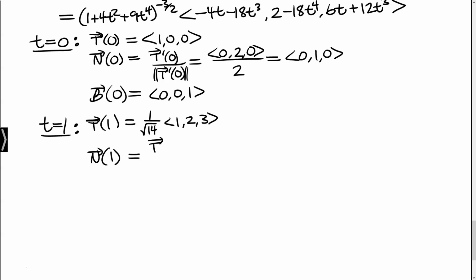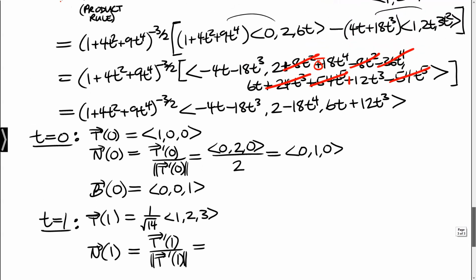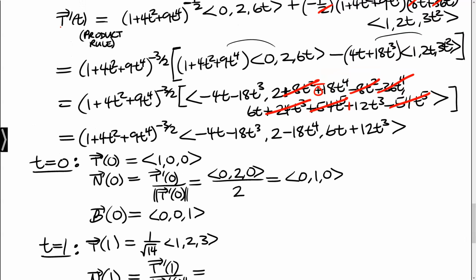Okay, this is the tricky one. For the normal, I'm going to put in T prime of 1 over the length of T prime of 1. So what is T prime of 1? I go up to what we got here and plug in 1.